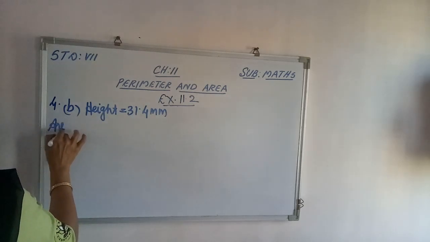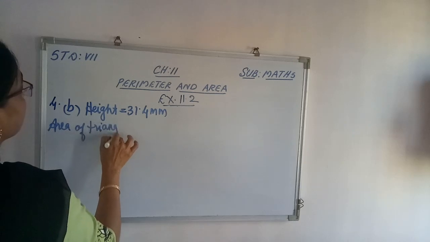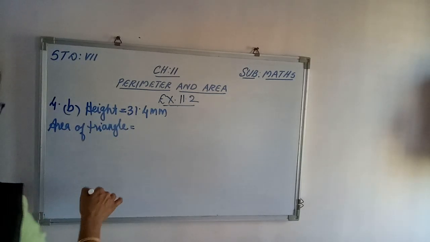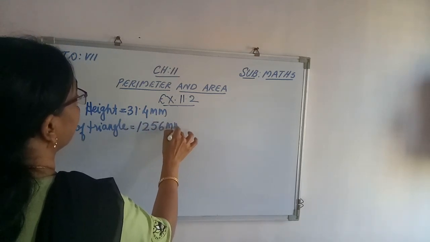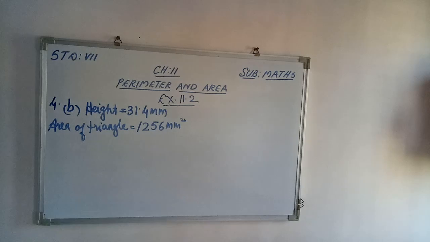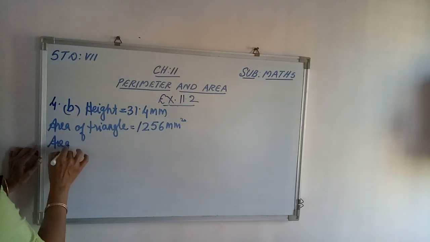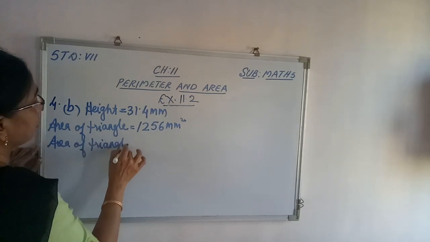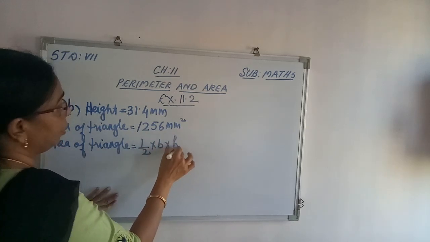Then area of triangle, how much given? 1256 millimeter square. So area of triangle, we know the formula, half multiplied by base multiplied by height.